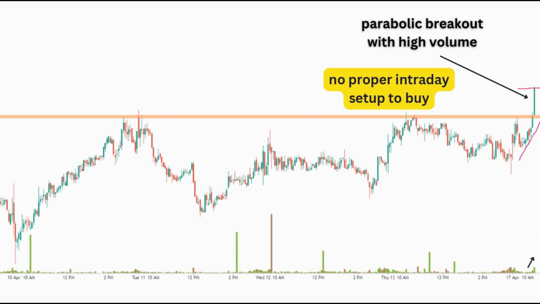Okay, so I hope you got the point why we will not enter at this price area. Although prices broke this level with high volume, still we will not enter at these areas because this is a parabolic breakout.